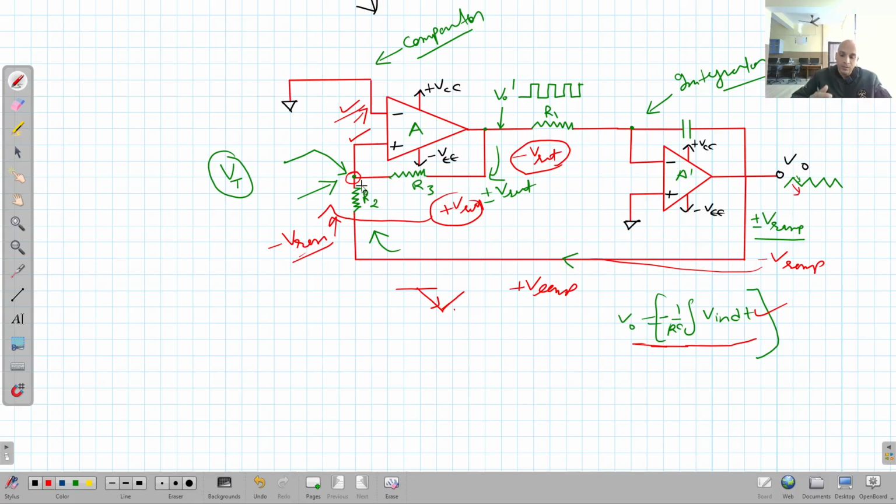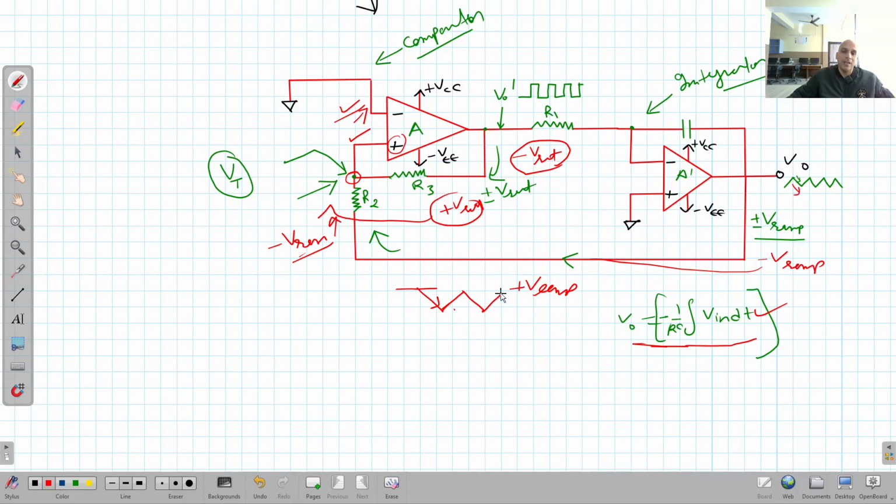Again the same thing: this positive rising ramp will continue to rise until the potential at this point becomes 0. Then it will start to go in the positive direction. As it becomes positive, it is now higher than this, and again the output of this integrator will be forced to the negative saturation.